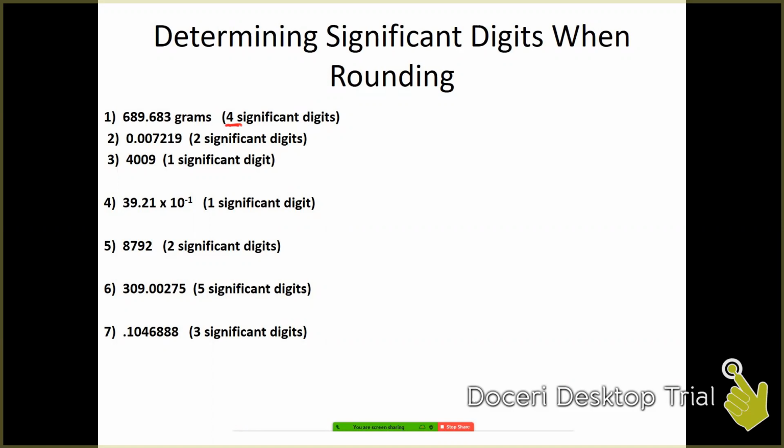So I look at my number, 1, 2, 3, 4. The 6 is my 4th significant figure. So then I look at the number right behind it. Since it's an 8, I'm going to raise my 6 up to a 7, and I would record it as 689.7 grams.